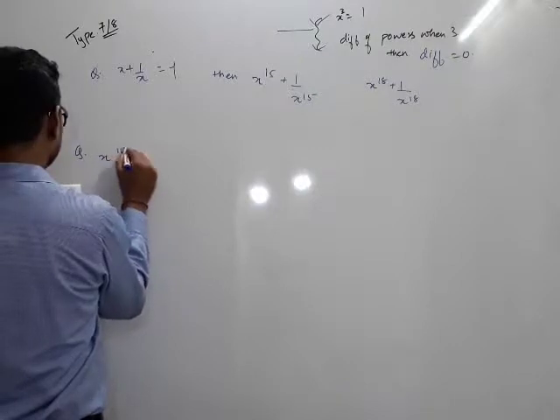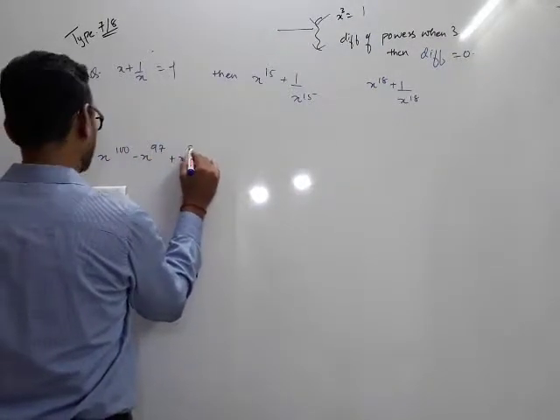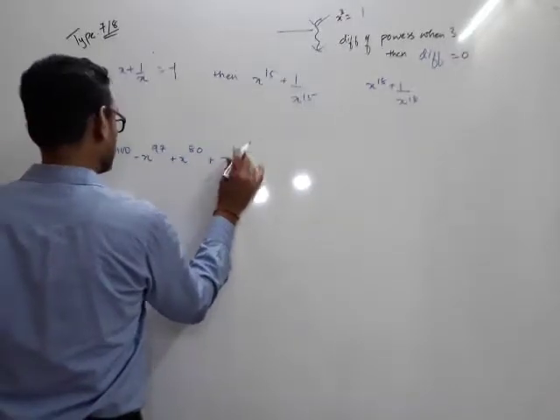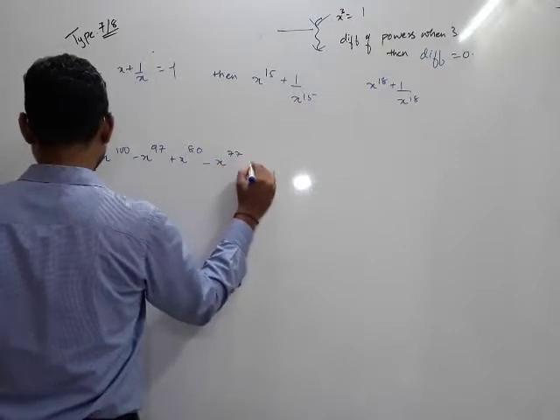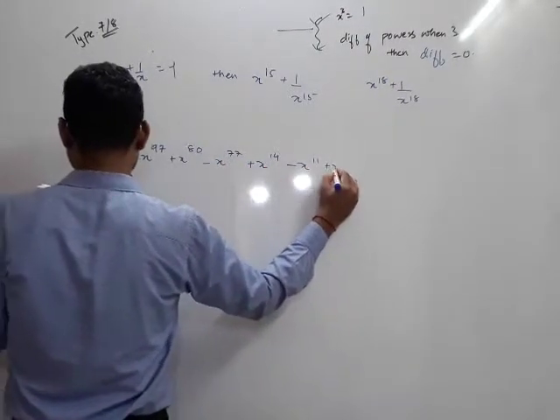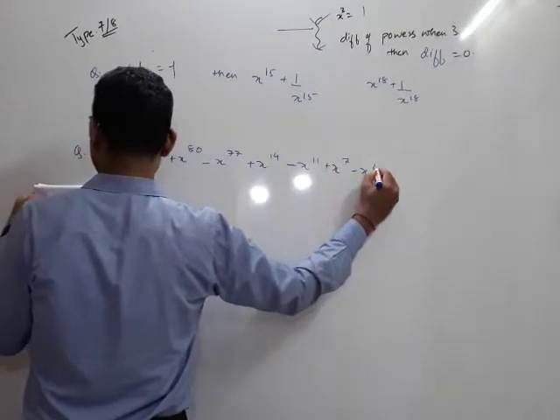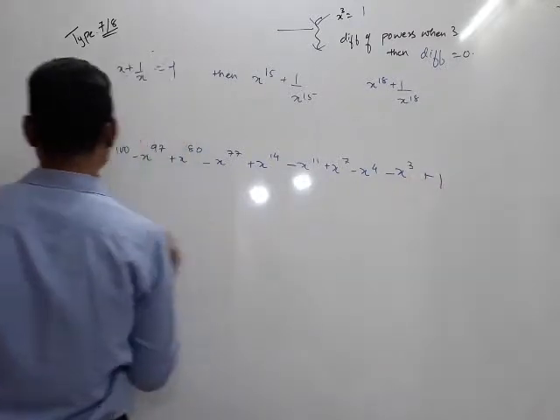X raised to 100 minus x raised to 97 plus x raised to 80 minus x raised to 77 plus x raised to 14 minus x raised to 11 plus x raised to 7 minus x raised to 4 minus x cube plus 1.